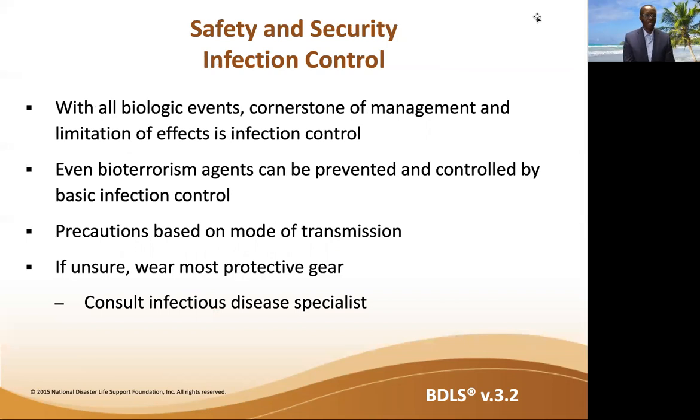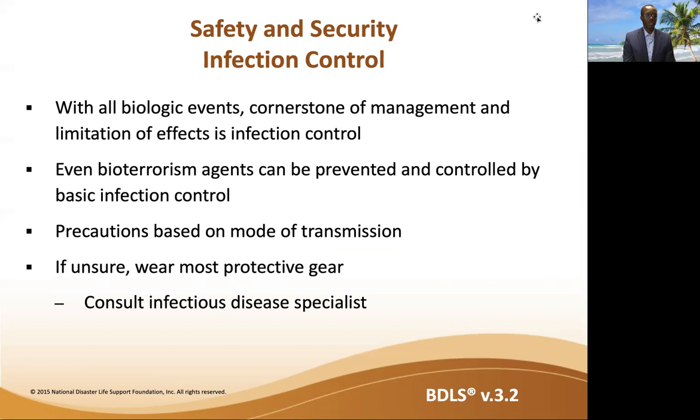Infectious diseases, even bioterror agents, can be prevented and controlled by basic infection control, such as hand washing, personal protective equipment wearing, and equipment and surface cleaning. Infection control precautions required for any disease are based on the mode of transmission, whether that is direct contact, airborne, droplet, or vector-borne.